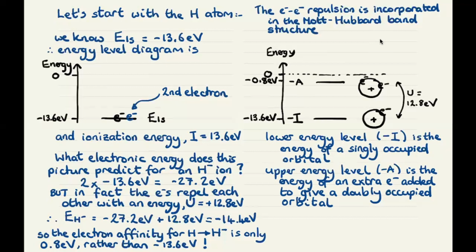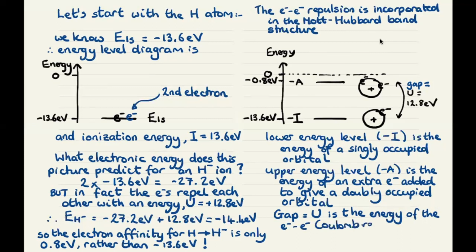And in this case, our gap, our band gap, is this U value, which is the energy required, or the energy of the electron-electron Coulomb repulsion. And it's not the same as in a simple band theory.